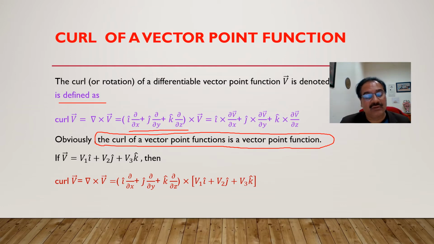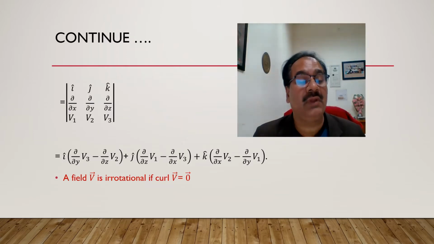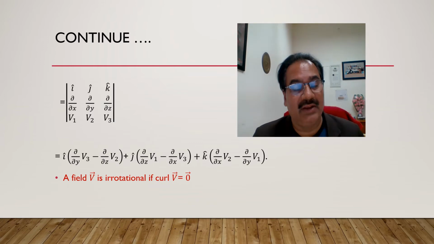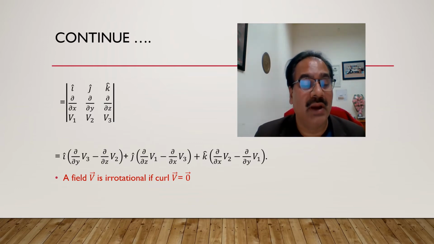If vector v is equal to v1 i plus v2 j plus v3 k, then curl v is equal to del cross v, and this may be defined like this. Another, simpler way to define it is in the form of a determinant: i, j, k; del over del x, del over del y, del over del z; v1, v2 and v3.